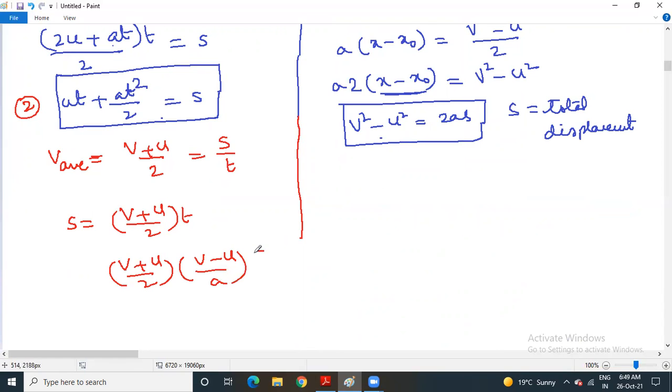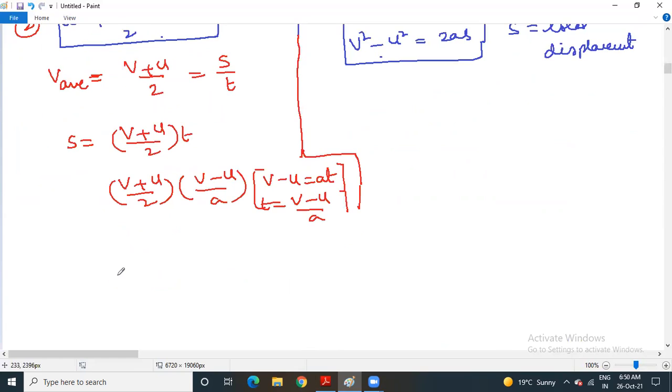Why? Because v minus u is equal to at, so you'll get t is equal to (v minus u) by a. So finally it's just like v square minus u square, because it is (a plus b) into (a minus b). (v square minus u square) by 2a is equal to s.